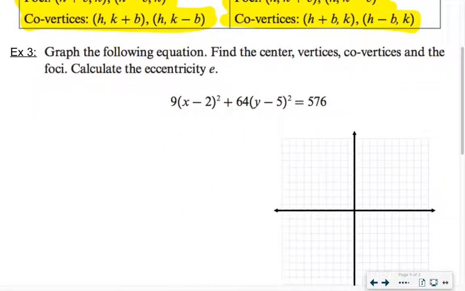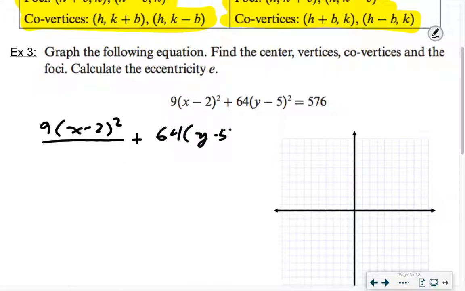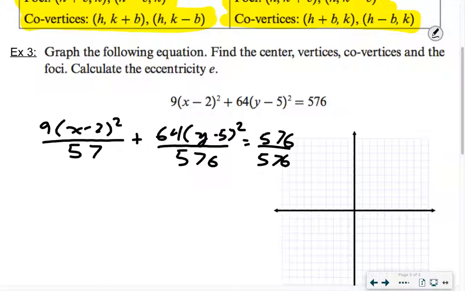Notice this thing is set equal to 576. So what are we going to do? Well, let's divide both sides by 576. So now I know the right side is equal to 1. 9 goes into 576 how many times?